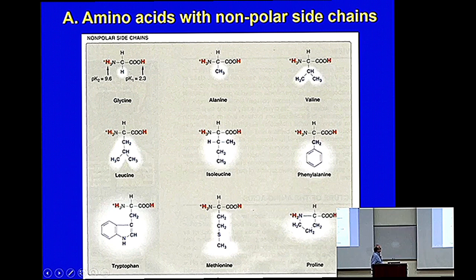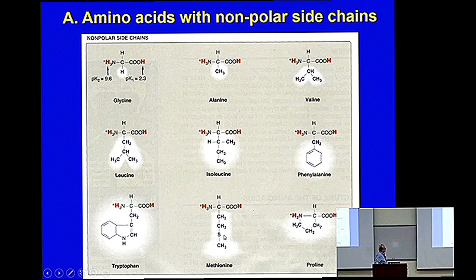The 8th amino acid has 3 carbons and has a sulfur in that R group. That's methionine, a very important amino acid. It's actually an essential amino acid.